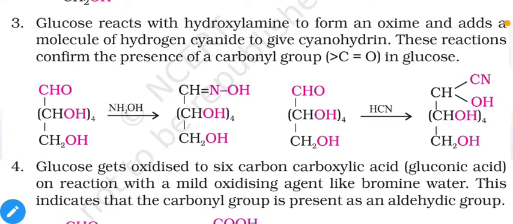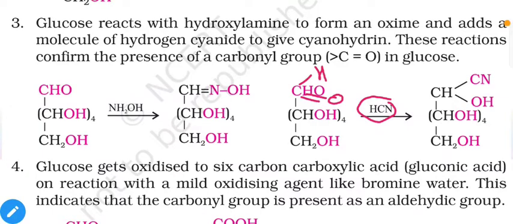That means an addition reaction. As we can see in this case, here we have a CHO group. That means hydrogen will be attached like this and oxygen will have a double bond like this. So this HCN molecule will attach with it.